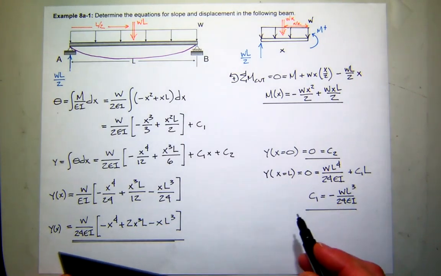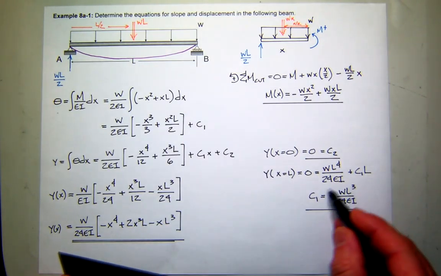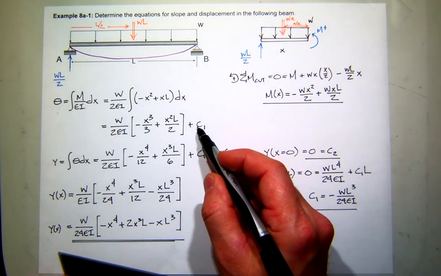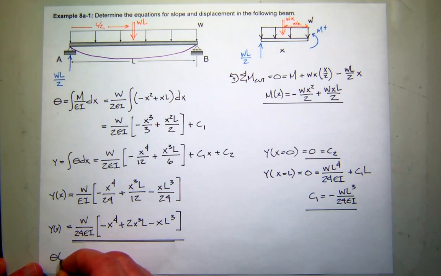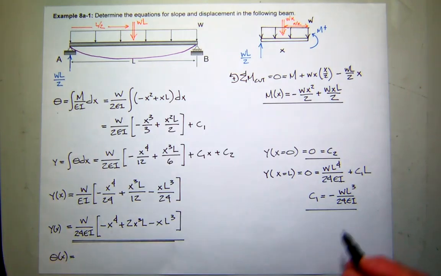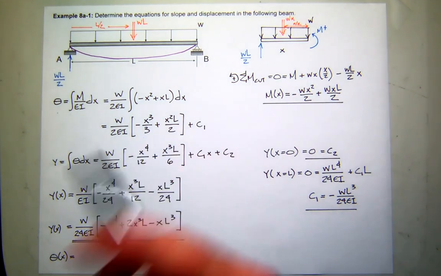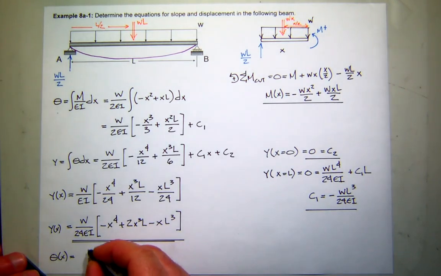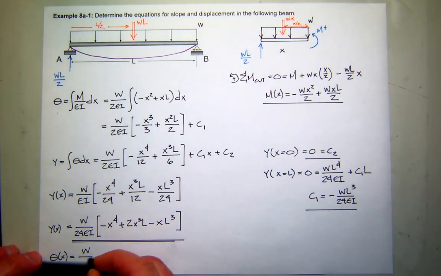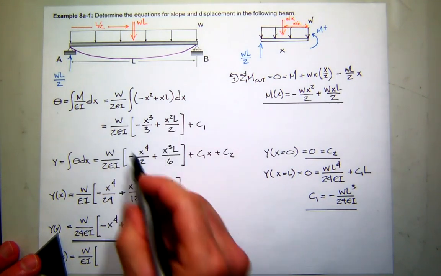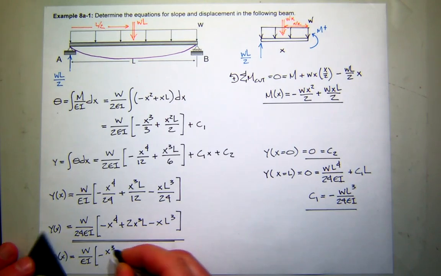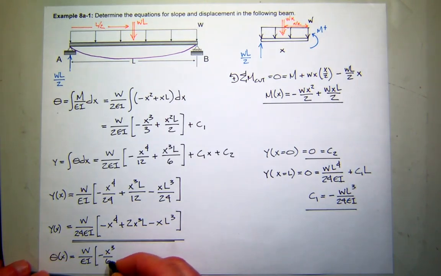Now I know what C1 is. I can plug that back in here and get my expression for slope. Let's see if I can do that. Again, I'm a little slow, so I'm going to run everything back in and then recollect it. Initially, my equation for slope would be minus x cubed over 6 plus x squared L over 4.